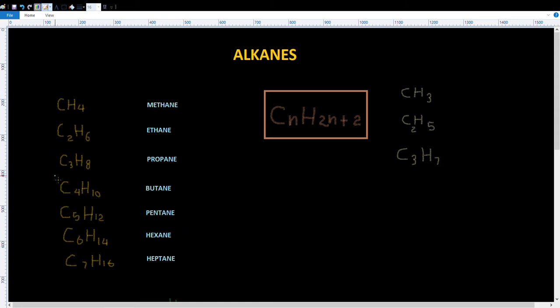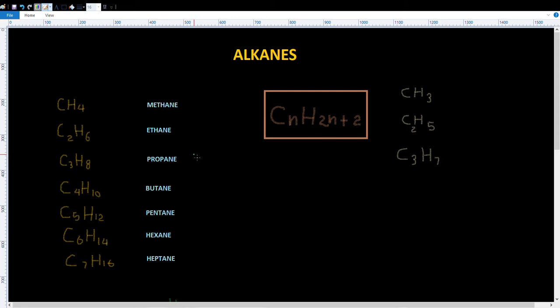So these are some of the simplest alkanes, starting from methane, then ethane, propane, butane, pentane, hexane, heptane, and so on.